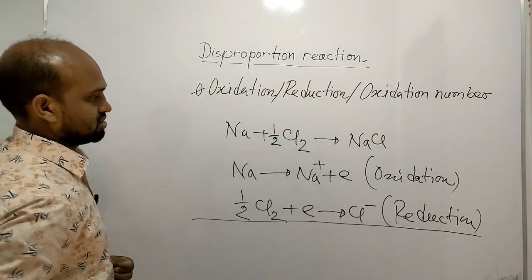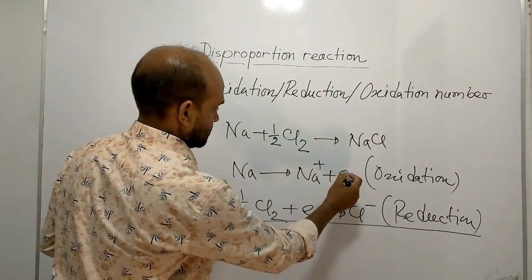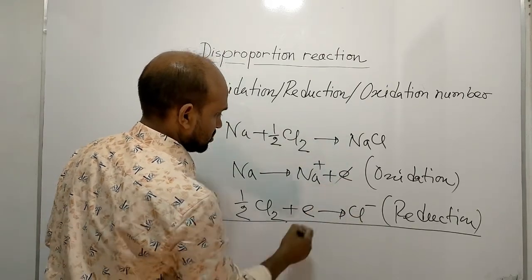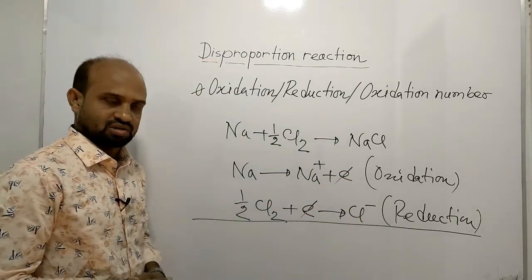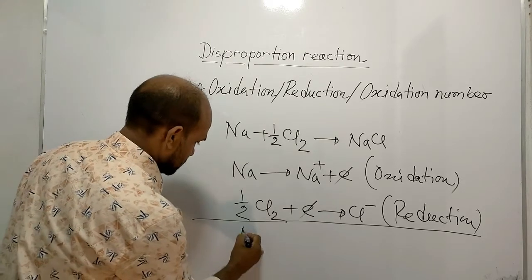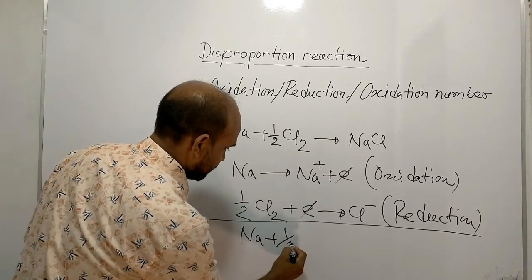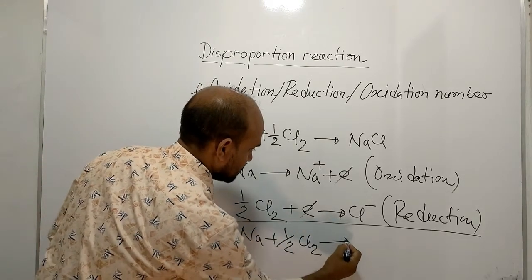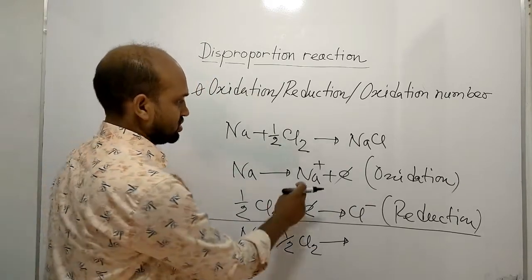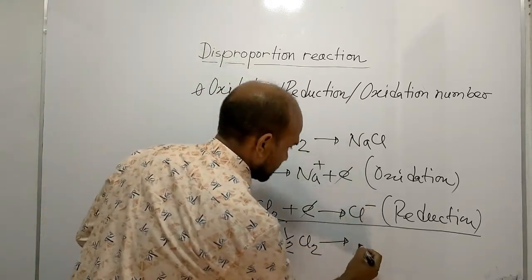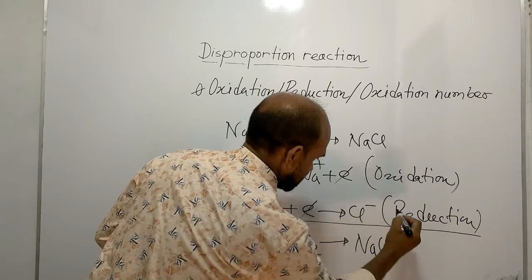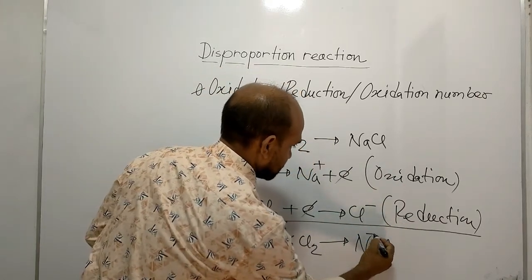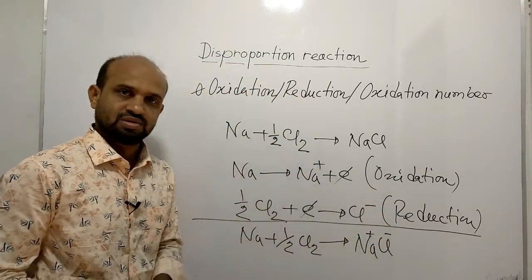Now let's see, this electron and this electron will cancel. Now sodium plus half molecule of chlorine form Na+ and Cl-, sodium chloride, plus and minus.